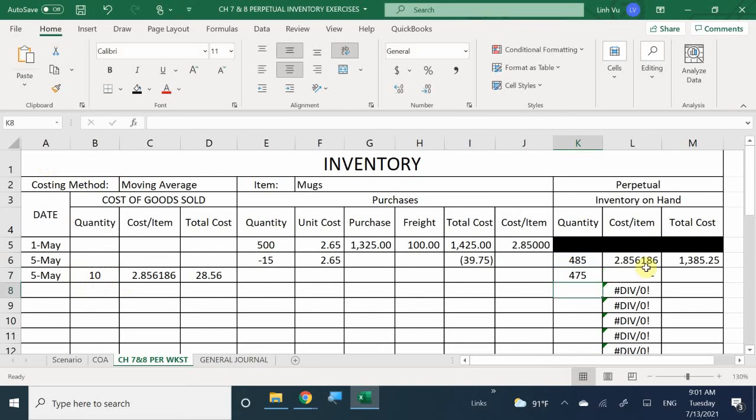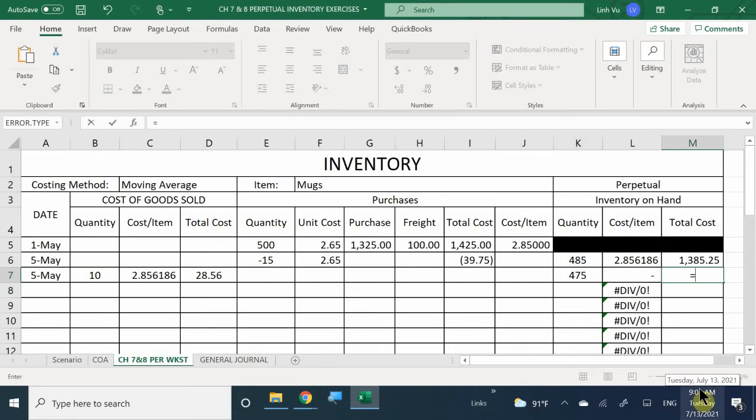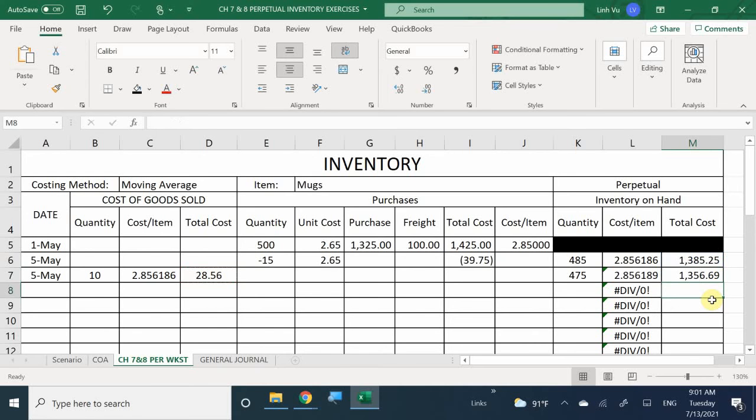475. Okay. What is my total of $1,385.25, and I sold $28.56? What's my new total here? $1,356.69.